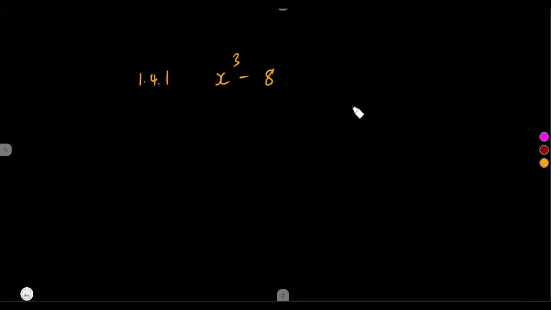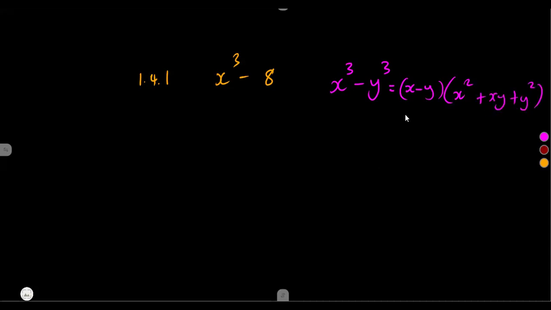I said if we are given an expression of this nature, x cubed minus y cubed, that's a difference of two cubes, ones that are raised to the exponent of 3. So how do we factorize this? We said it's going to be first minus last, x minus y, into x squared plus xy plus y squared. This is how we're going to simplify.